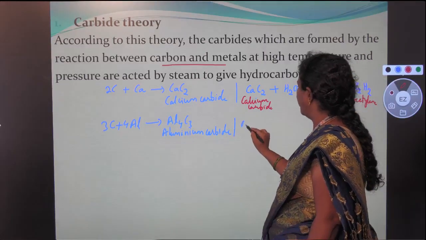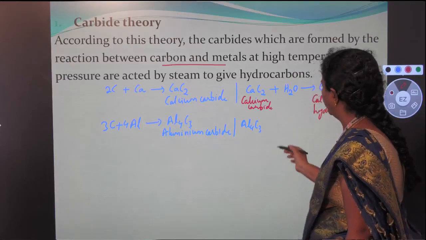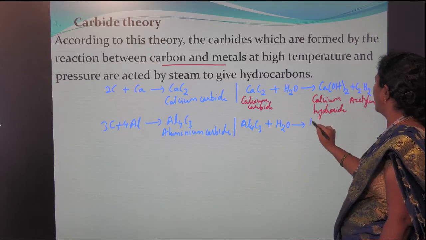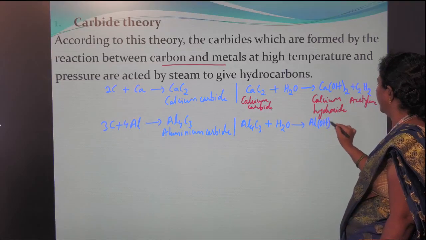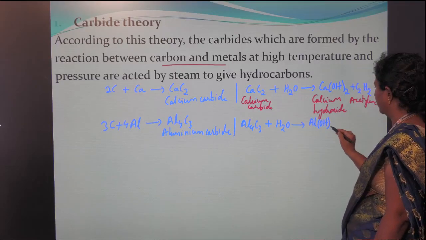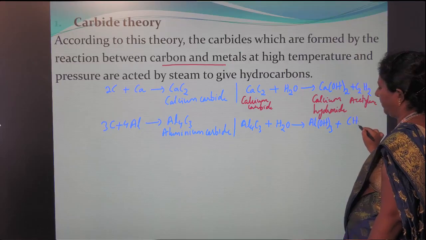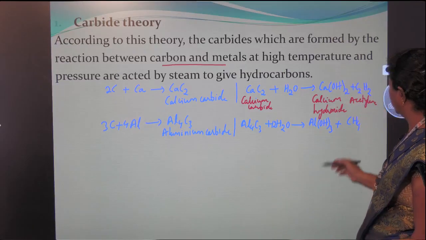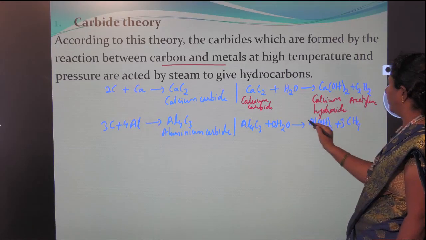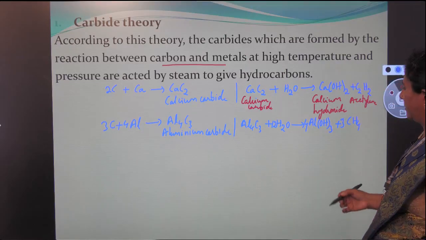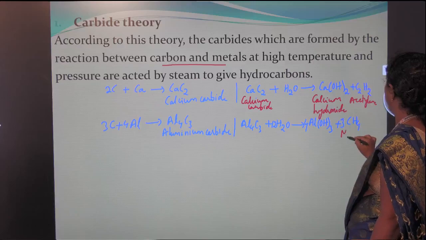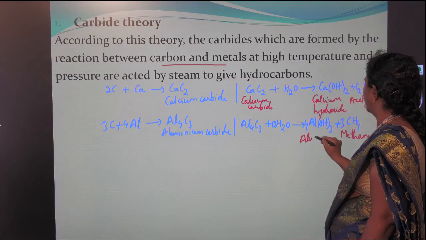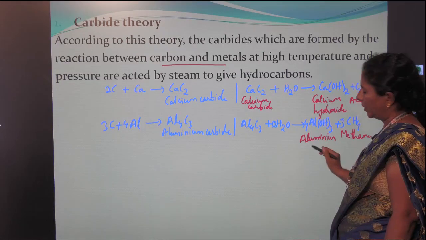And aluminum carbide formed reacts with water, forming aluminum hydroxide plus methane. So 12H2O, 4Al(OH)3. So this is methane and this is aluminum hydroxide.